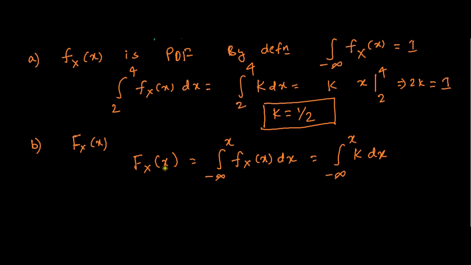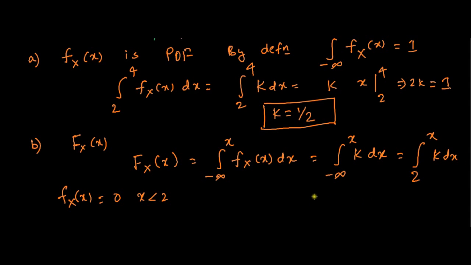This x is unknown as of now, but we are aware of the lower limit. We know that the PDF doesn't exist for x less than 2. That is, f of x is 0 for x less than or equal to 2, so this will become the integral from 2 to x of k dx.